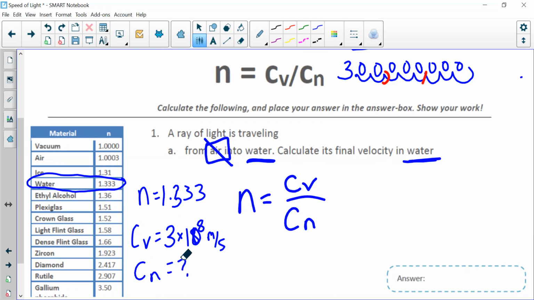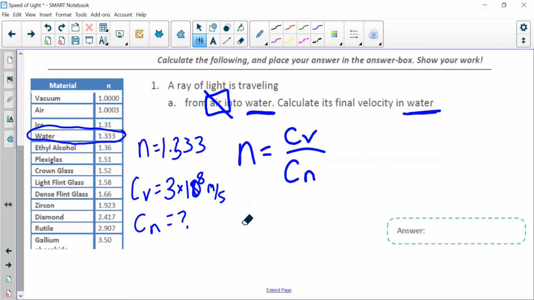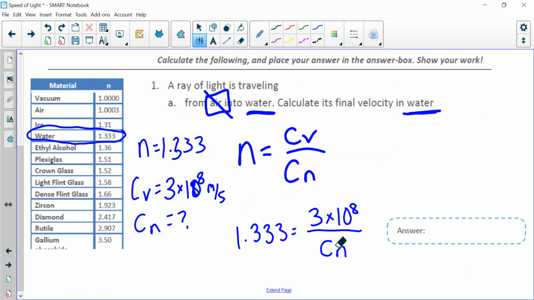I'm just going to plug those numbers in. N is 1.333. CV is 3 times 10 to the power of 8. And I'm solving for CN. This becomes algebra. How do I isolate for CN?